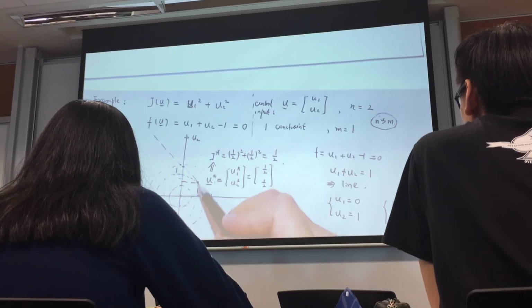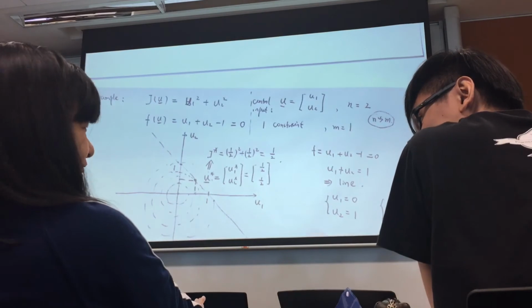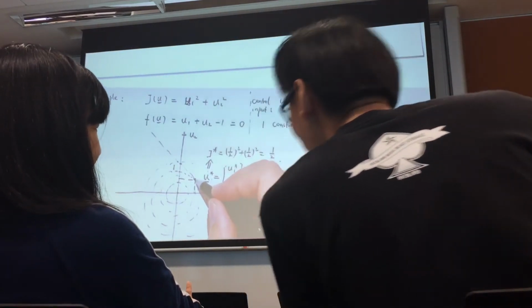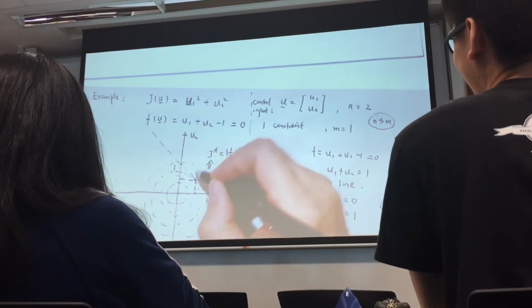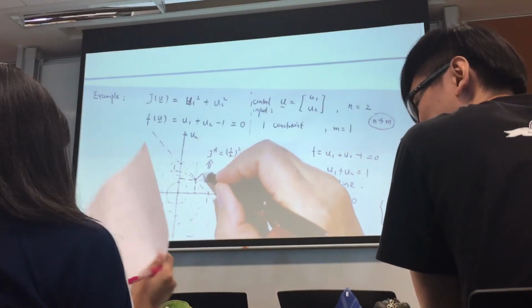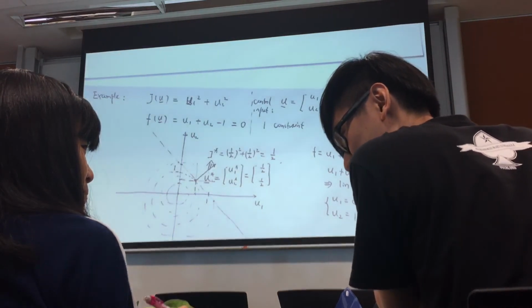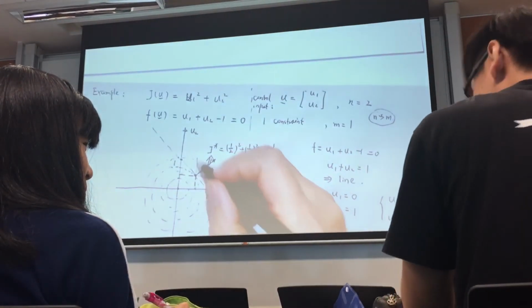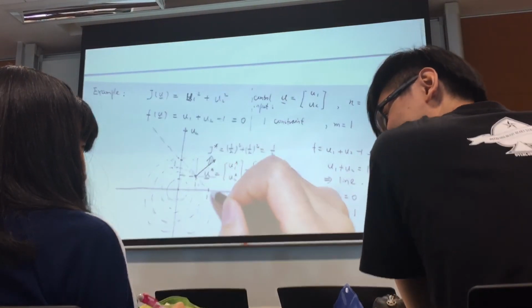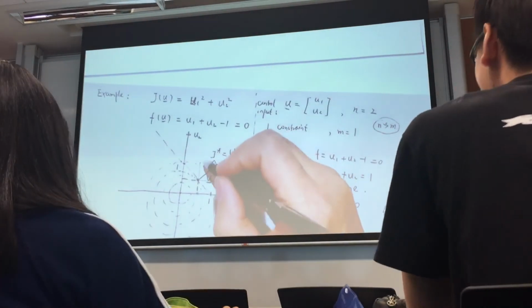At this particular point we evaluate this equal to 1 and this equal to 1, so we have a vector given by 1, 1. This is delta G.